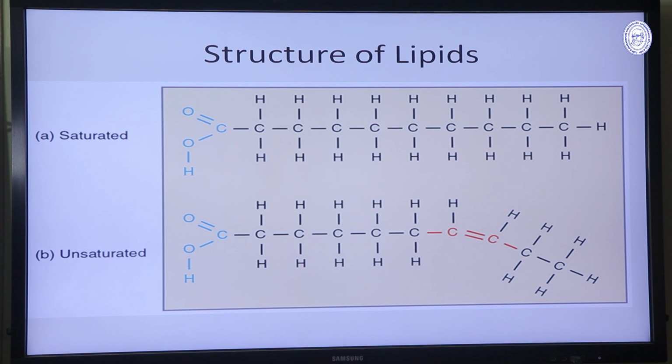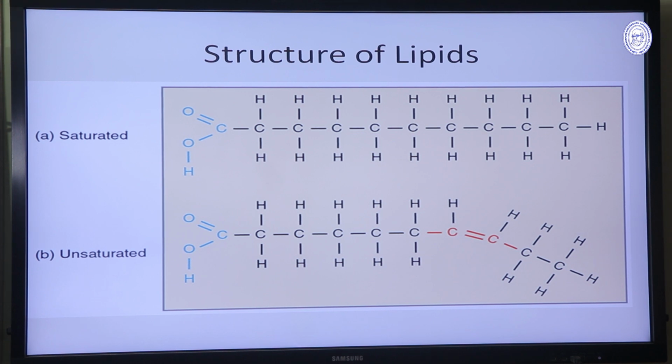Now, if the hydrocarbon chain is such that each and every carbon atom is attached to the adjacent carbon atoms in a single bonded condition, it is called saturated lipids or fats. Whereas if the carbon atom is bonded with another carbon atom by a double bond or triple bond, it is called unsaturated fatty acid or lipids.